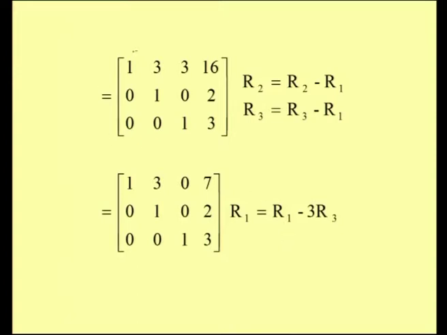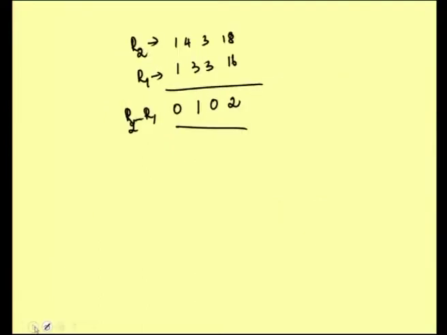After we obtain this matrix 1 3 3 16, 0 1 0 2, 0 0 1 3, we can see that row 3 minus row 1 automatically makes this element 0, and therefore this has become an upper triangular matrix. So we can solve the system of equations directly from this.